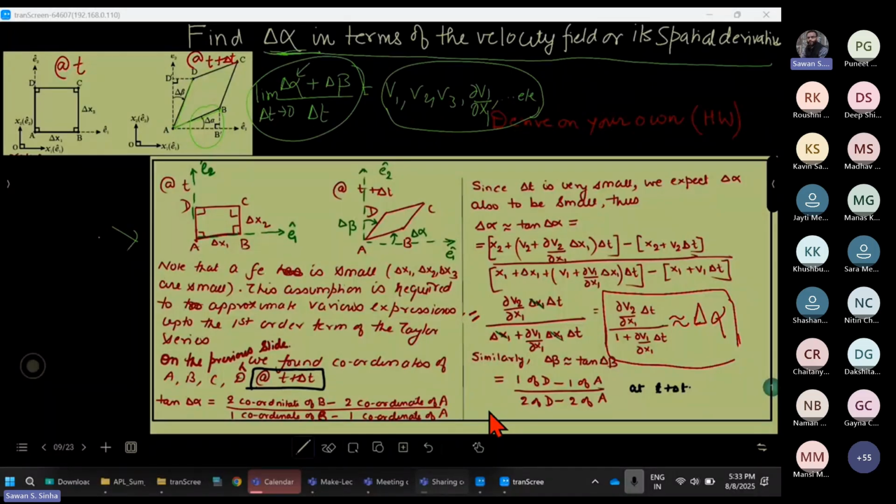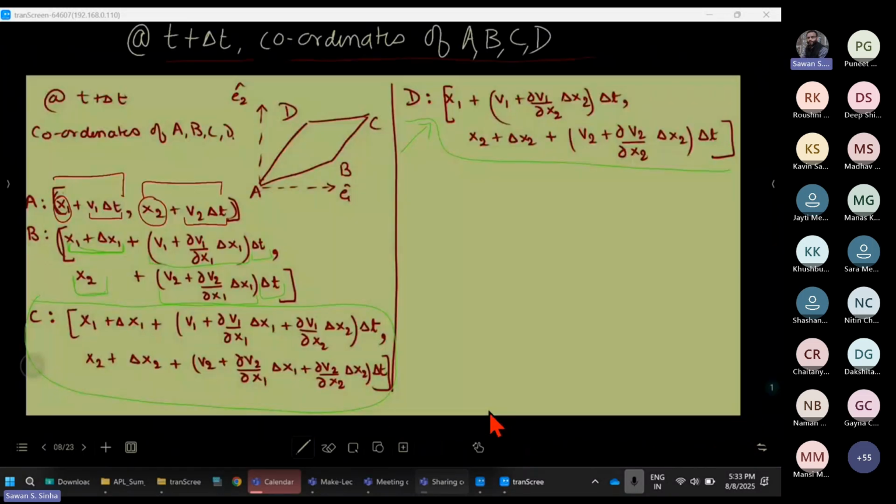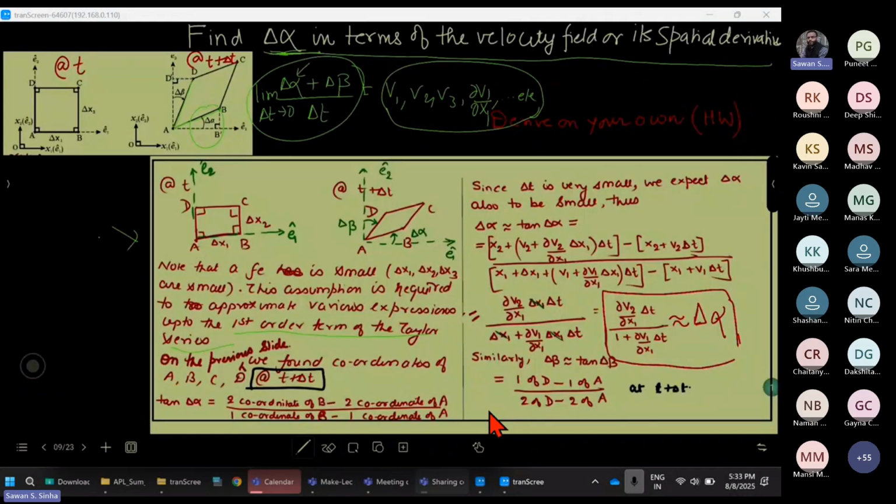This assumption is required to approximate various expressions by the first order term of the Taylor series. It's just a reminder that in everything obtained on this slide, I am assuming delta x1, delta x2, delta x3 are all small but finite, not tending to 0 but small, such that the first order Taylor series is applicable or gives us sensible results. Fine.